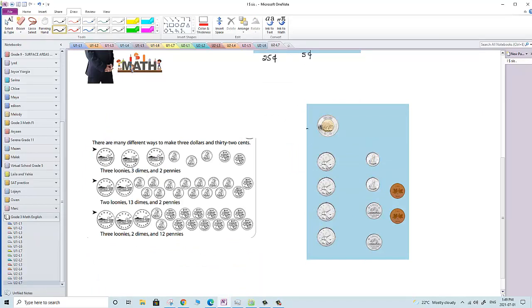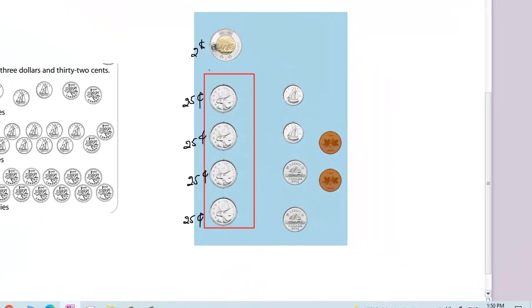He said, this is $2, and I know very well the 4 quarters here, 25, 25, 25, 25 cents means $1. So it has a value. This is 25 cents, 25 cents, 25 cents, and 25 cents. This has a value of $1, $1 and $2. This is $3.